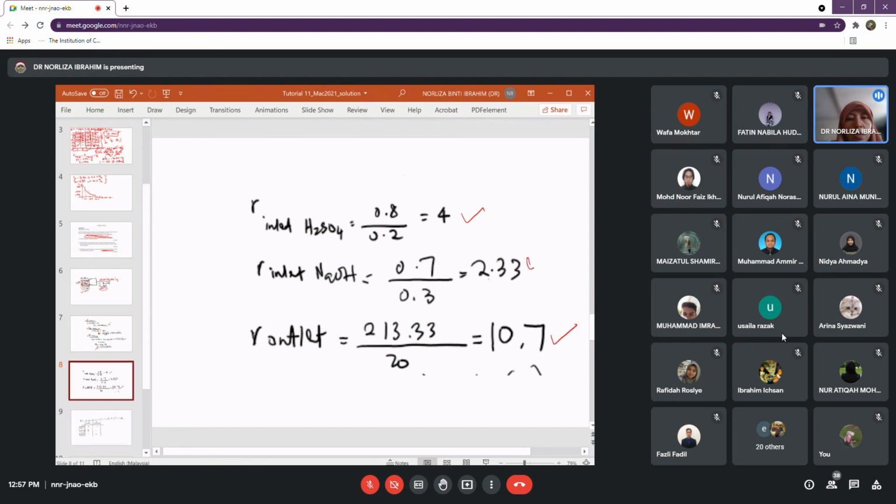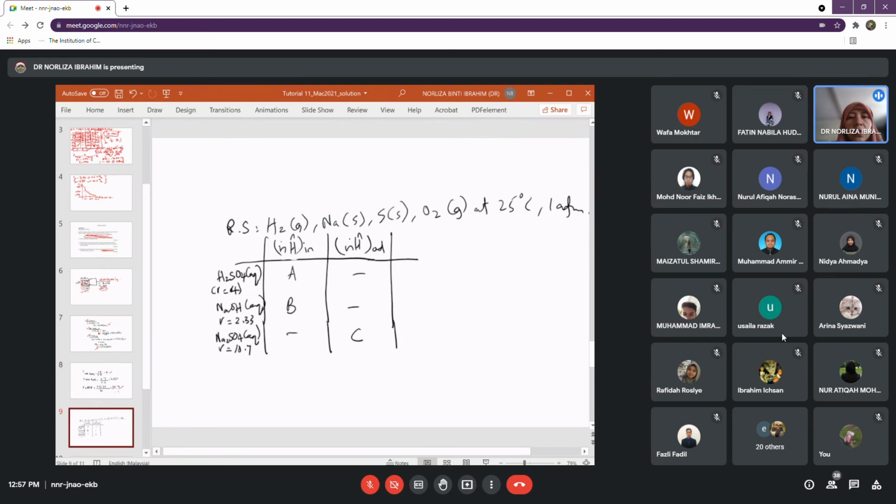And then for the Q calculation, you give the reference state. Since this is heat of formation, I use the elements: hydrogen, sodium, sulfur, oxygen.